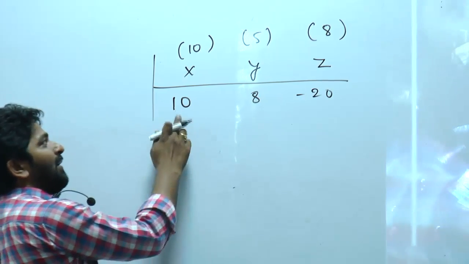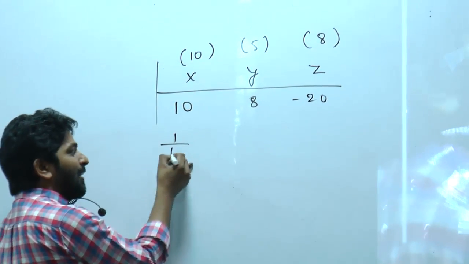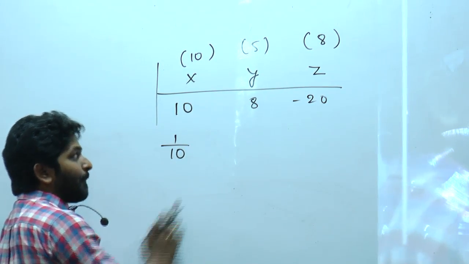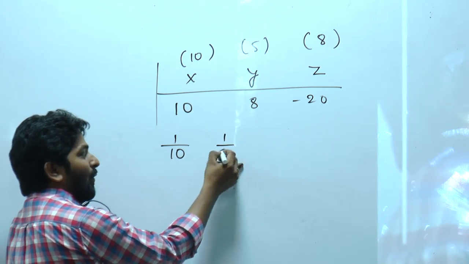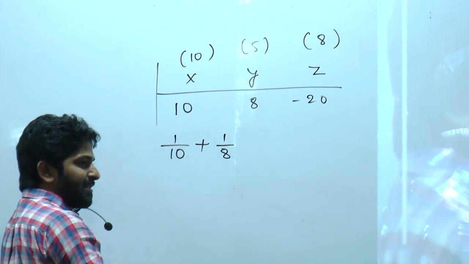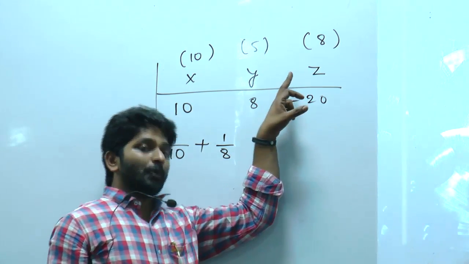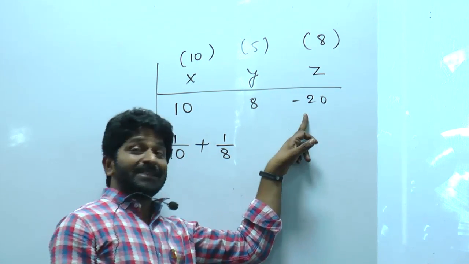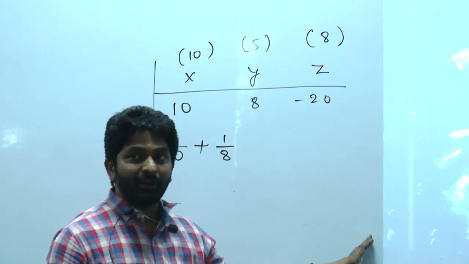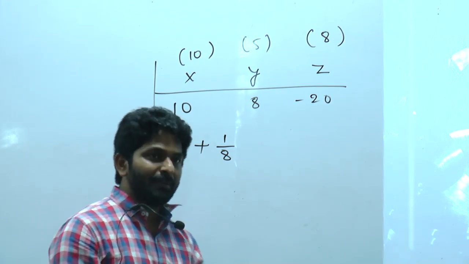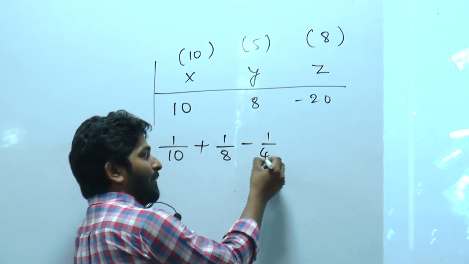If all are open in set X, it takes 10 minutes, so 1 minute work is 1 by 10. And here it takes 1 by 8. These two are inlet pipes, so plus. If all taps are opened in set Z, it empties the tank in 20 minutes. If half are closed, it takes 40 minutes. So in 1 minute it does 1 by 40.